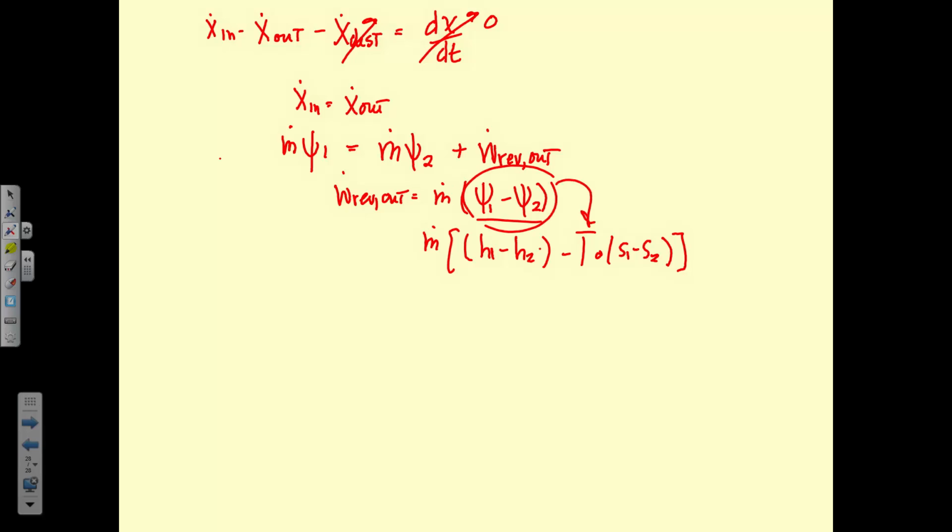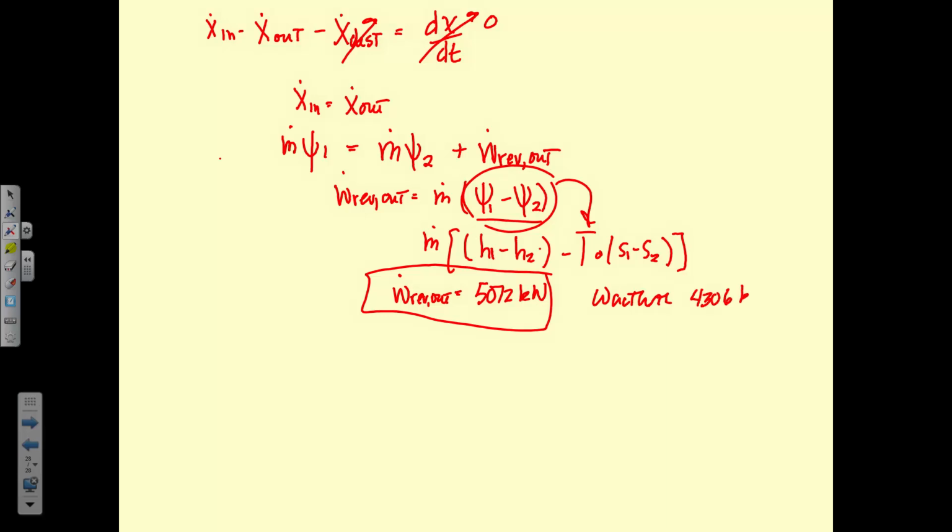So if we plug in all the numbers, we find that our reversible work out is equal to 5072 kilowatts. Compared to what we had before, the actual work was 4306 kilowatts. So it's higher, right? That's what we would expect.